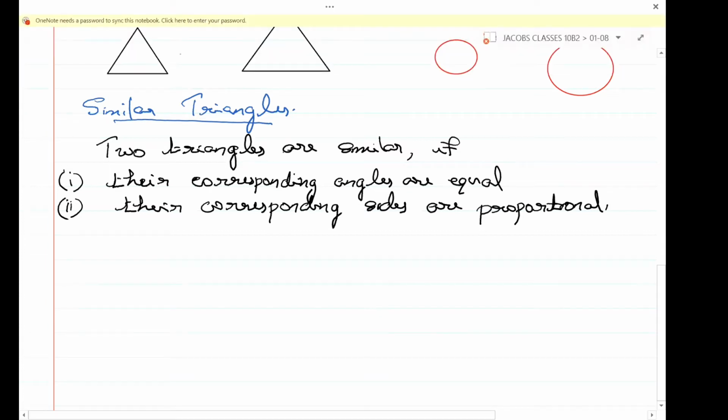So I will write that in detail now. If triangle ABC is similar to triangle PQR, we write like this.